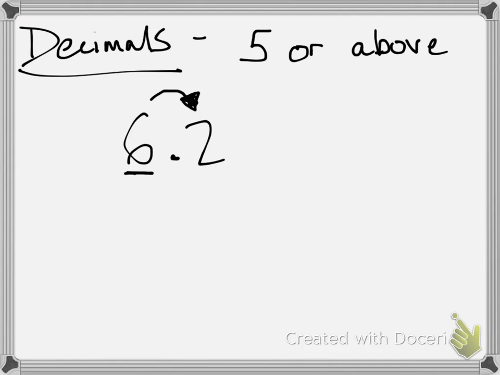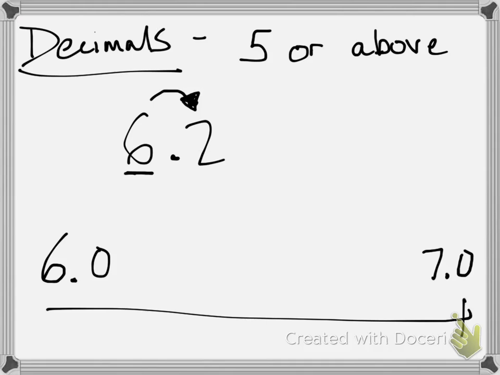What do you mean rounding down? Well, if I think about whole numbers, I'd have 6, and I could say 6.0. And the next whole number would be 7, or 7.0. And in between, I have all of these numbers. I could say I have 6.1, 6.2, 6.3, 6.4, 6.5, 6.6, 6.7, 6.8, 6.9.